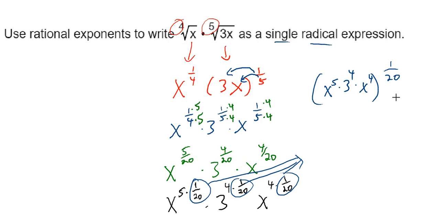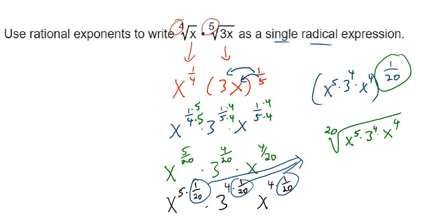And now I can write this as a single radical because a power of 1/20th is the same thing as a 20th root. And that's a single radical, which is exactly what the directions asked us to do. So I'll have the 20th root of x to the 5th power, 3 to the 4th power, times x to the 4th power.